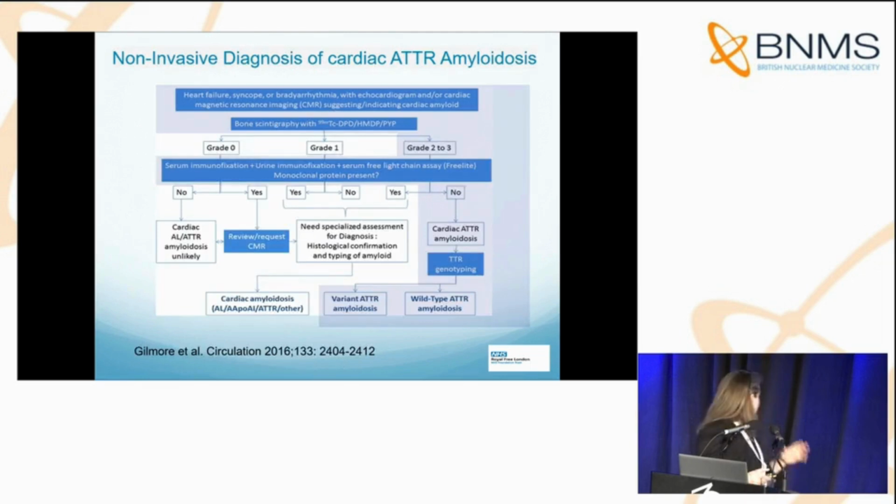So, Carol, do you want to say anything about this particular patient? I think that in this particular patient, we're following down the right-hand side of the algorithm as before. So we're confidently able to say that the patient has TTR amyloidosis, and then we just need to genotype them because we had ruled out a plasma cell dyscrasia.